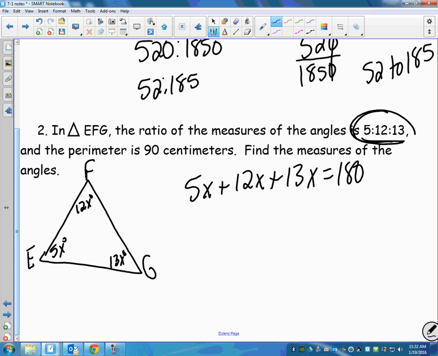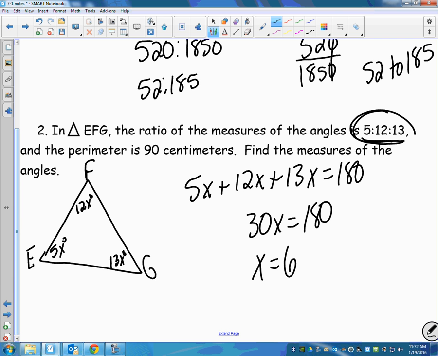Does the perimeter have anything to do with things? I don't think so. So 30x? Find the actual measures of the angles. Can I just plug 6 back in there now?